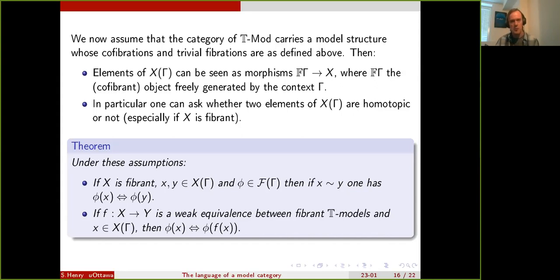And for the first point, it's very similar. It's because homotopy can be encoded using a path object, and the legs of a path object are trivial fibrations. And so by using the validity in the path object as an intermediate, you can jump from phi of x to phi of y by combining two trivial fibrations. So those are very simple formal consequences of this theorem that I've attributed to Makkai before.